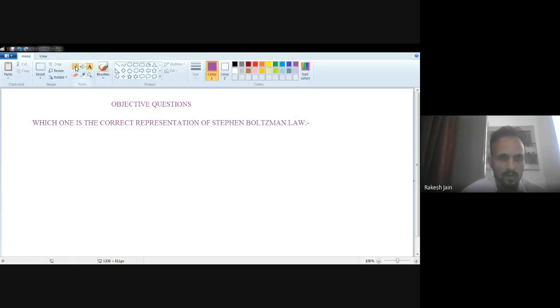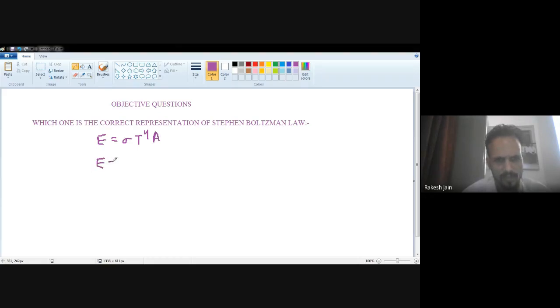You have four different options, where the symbols have their usual meanings. One is E, that is the radiated emission, equal to sigma T raised to the power 4 multiplied by cross sectional area.